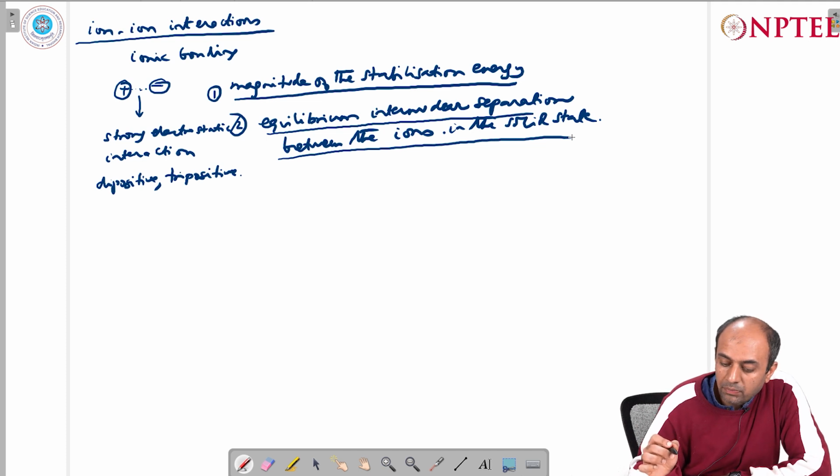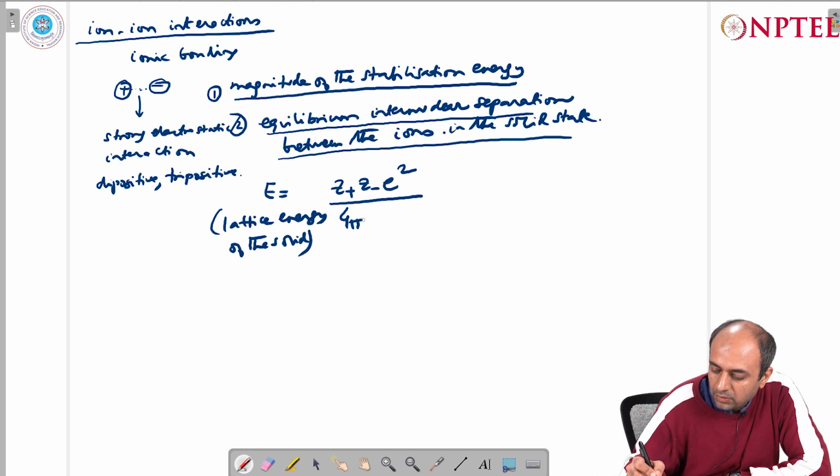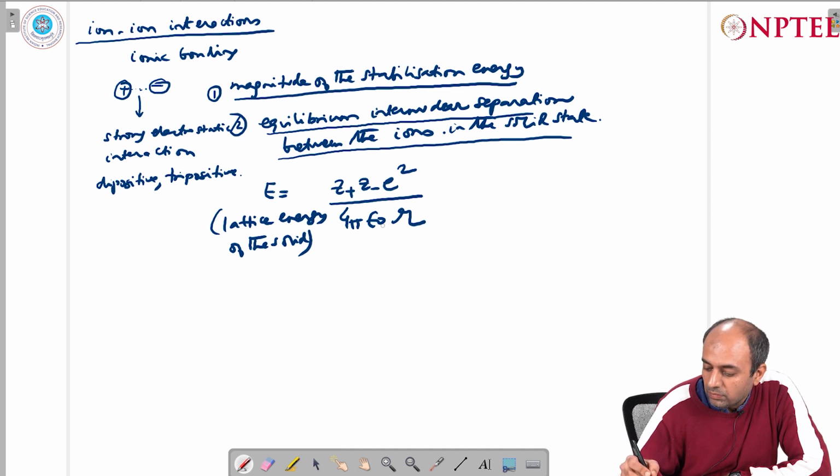And this particular theory of ionic bonding has been well established in the literature, where it has been shown that the energy of stabilization, which we also refer to as the lattice energy of the solid, is actually given by the product of the magnitude of the charges Z plus and Z minus on the cation and the anion, times the square of the electronic charge, divided by 4 pi epsilon 0 into R, and epsilon 0 here is the permittivity in vacuum.